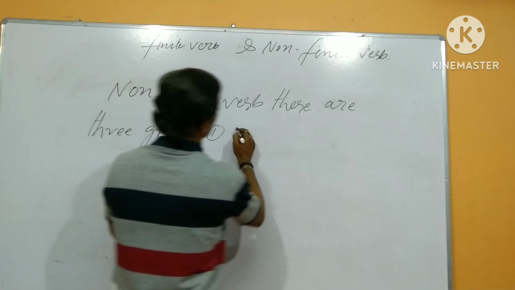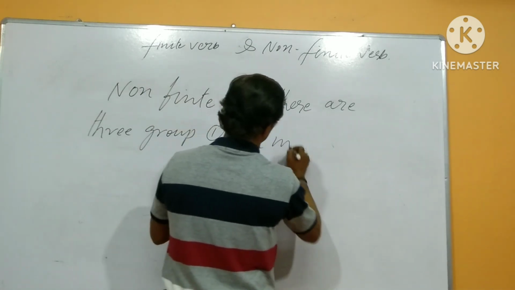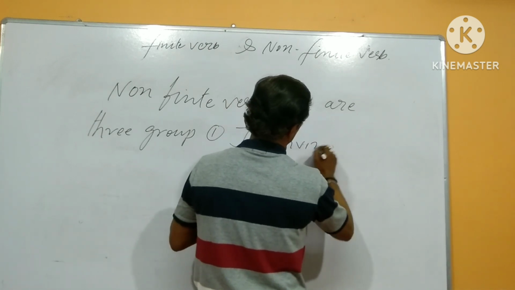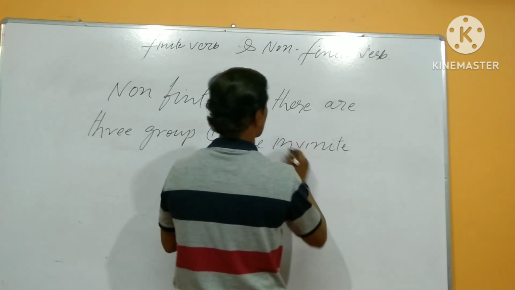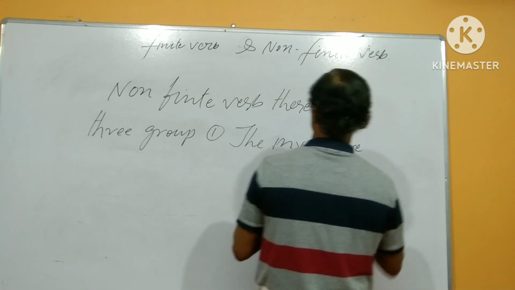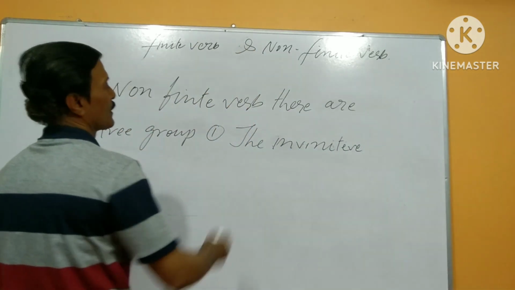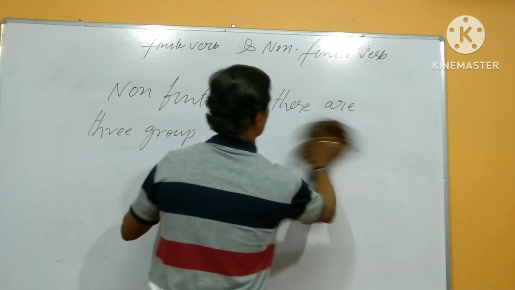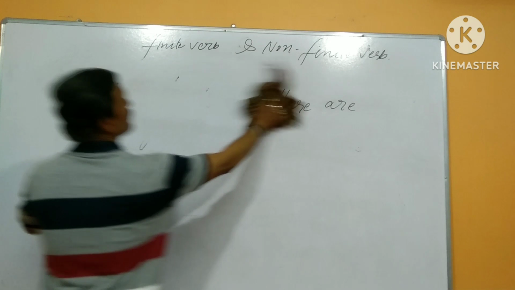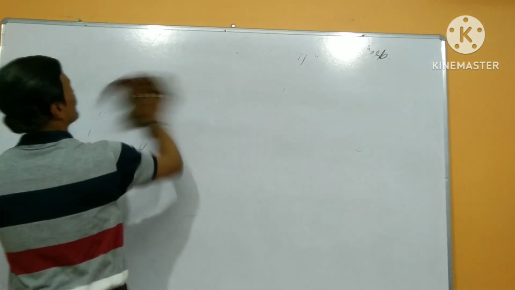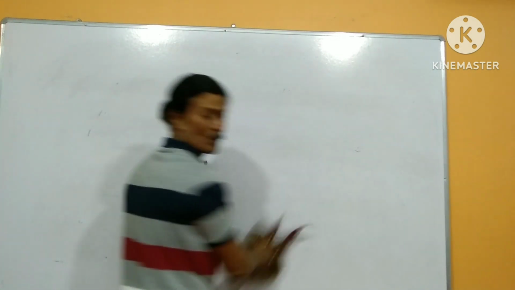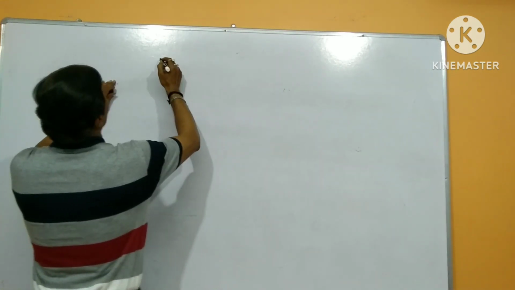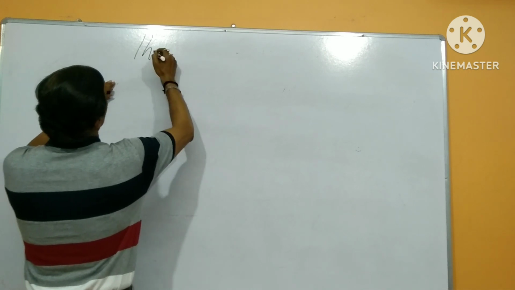Number one, the infinitive. Put it here. Because there is not much more space, that is why I should write at the top. Okay? So there are 3 groups.